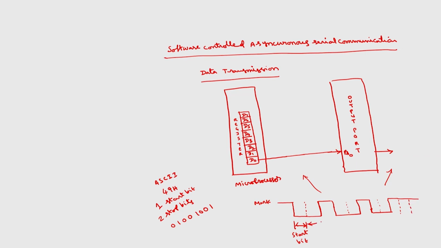This is ASCII 49 up to here, and these two are stop bits. In total, 11 bits we are going to transmit: the start bit, then 0 1 0 0 1 0 0 1, which is 49H.